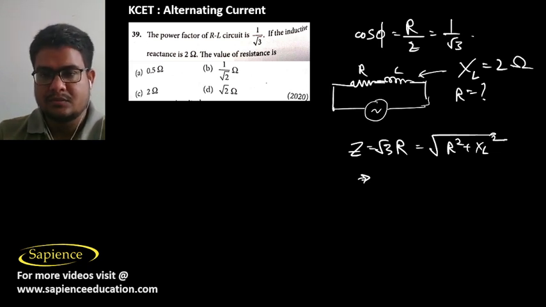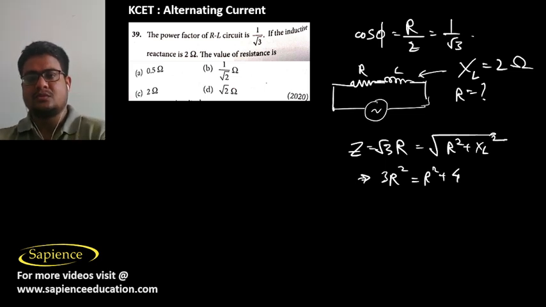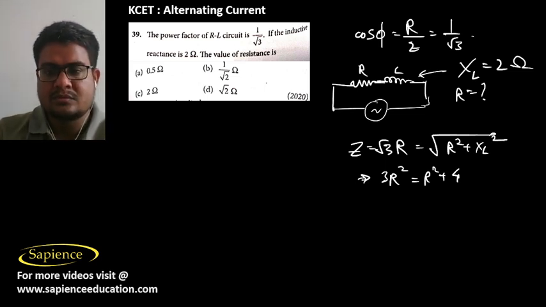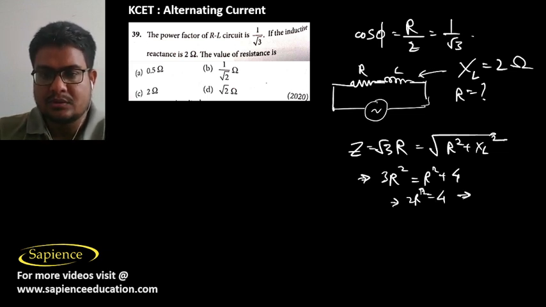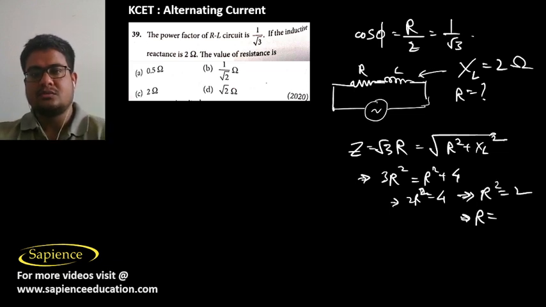Therefore, squaring both sides, 3R square equals R square plus 2 square, that is 4. So 2R square equals 4, R square equals 2, R is equal to root 2.